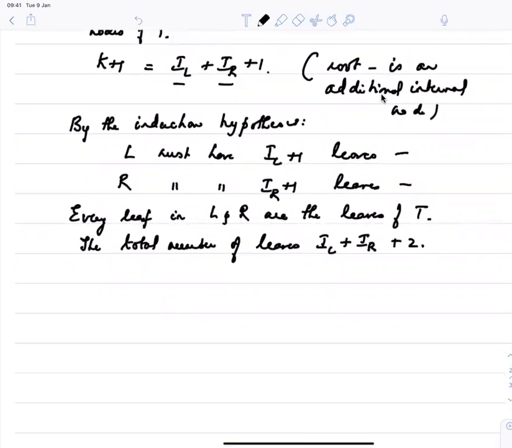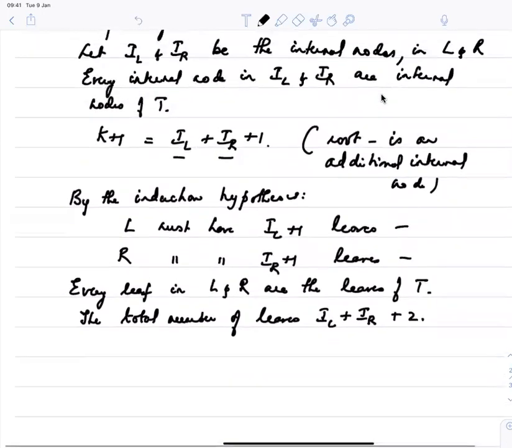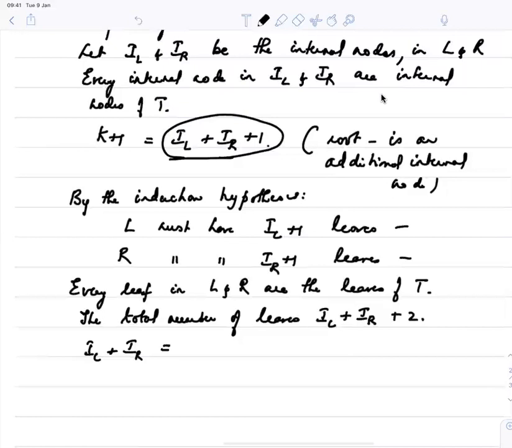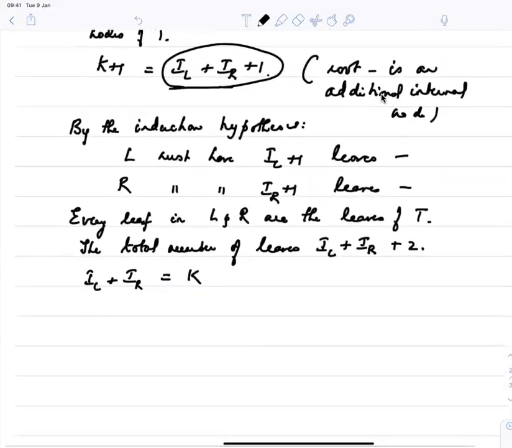All right. From this equation, we have IL plus IR equal to k. Okay. So T has k plus 2 leaves. Where do we get this? We get this from here.